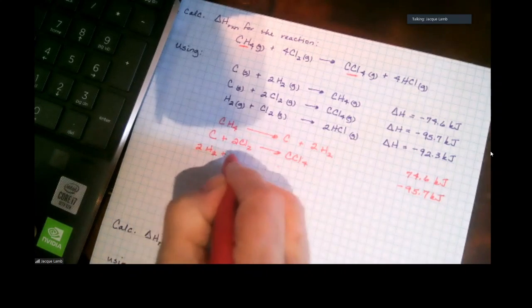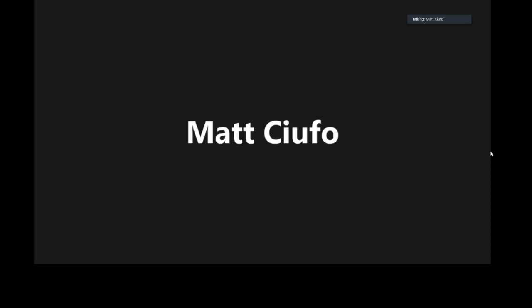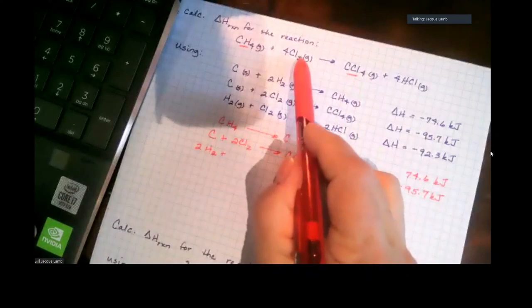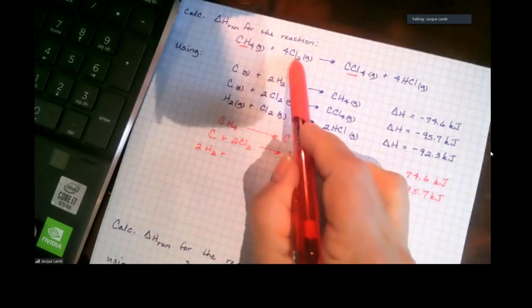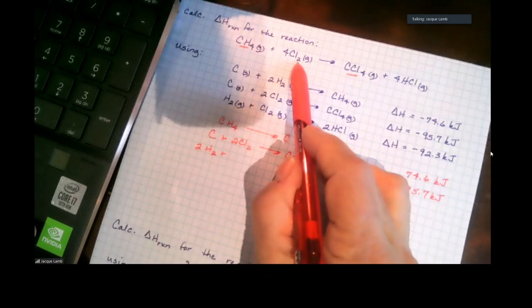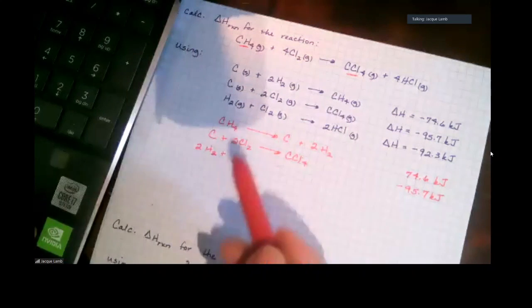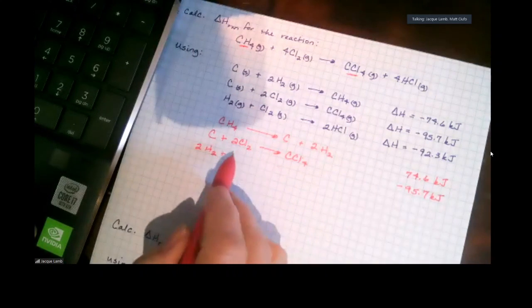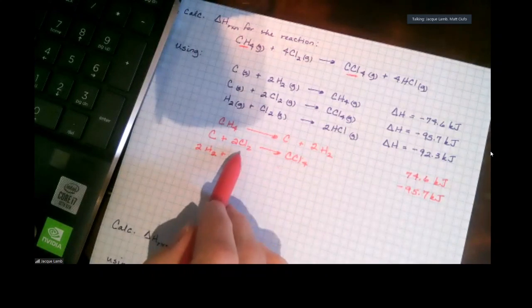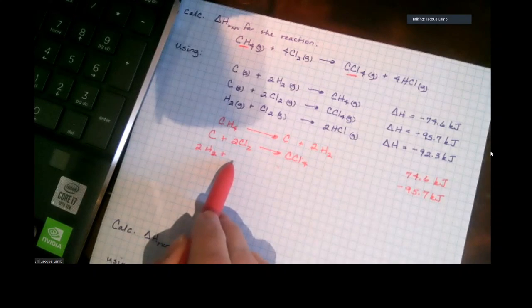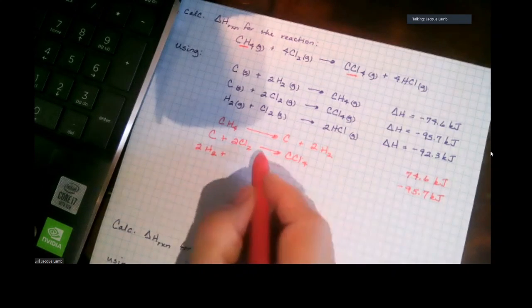2H2 plus... Professor, wouldn't you have to do that to the middle equation too? Because you need technically 8 chlorines. No, because I'm going to get 4 chlorines, 4 Cl2s over here. Trust me, just follow me with it. Notice I have chlorine as a reactant here, and I'm going to have chlorine as a reactant here. That's going to give me my 8 chlorines.